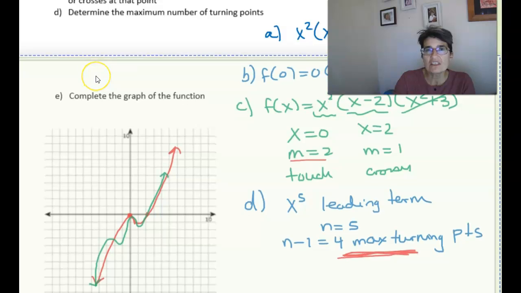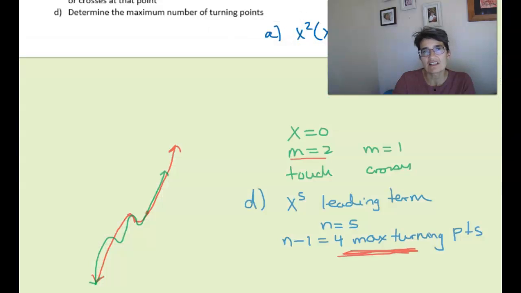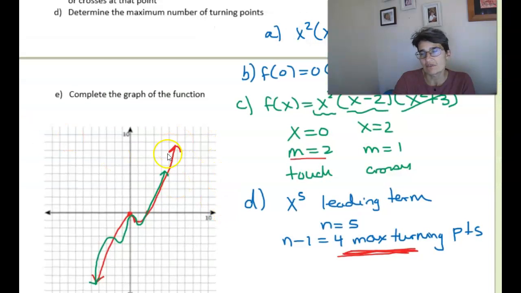Now, when you do these, it's going to ask you for things like give a possible graph for this. So it's understood that there could be more than one version with the knowledge that you have right now, and the details will come later. Okay, so either one that you give me would be correct with what you know right now.